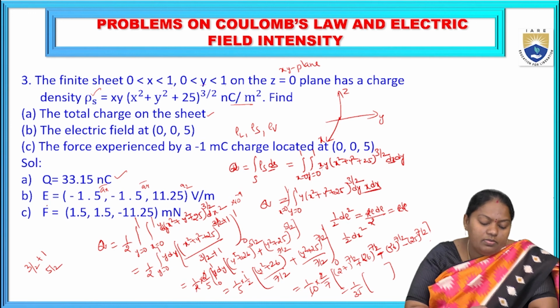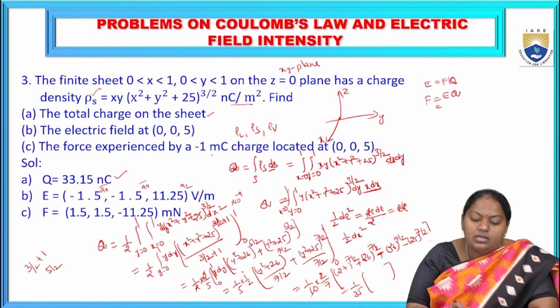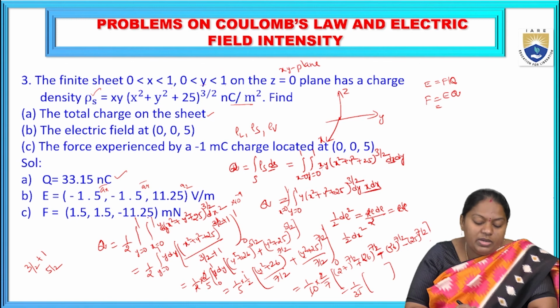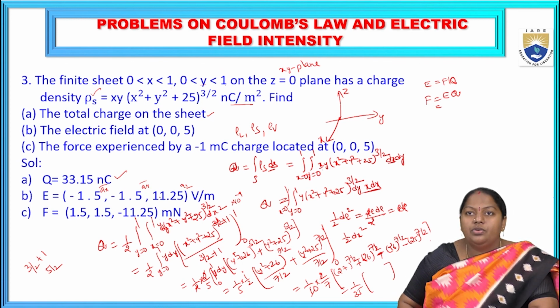Now from this E, we will be calculating F, means E is equal to F by Q, or from this F equal to E into Q. So the E value is the total thing into the Q value, which is given as minus 1 millicoulombs. Now if we substitute minus 1 milli and 1.5 AX plus 1.5 AY minus 11.25 AZ, millinewtons are to be obtained. This is the way we have calculated.